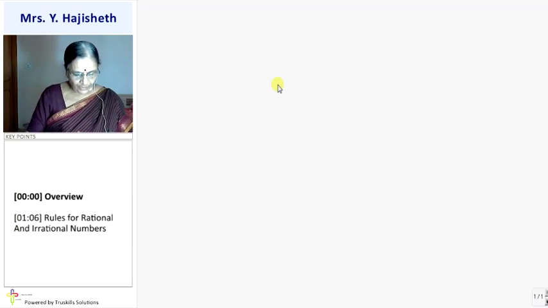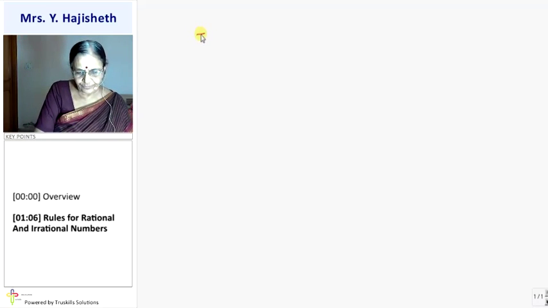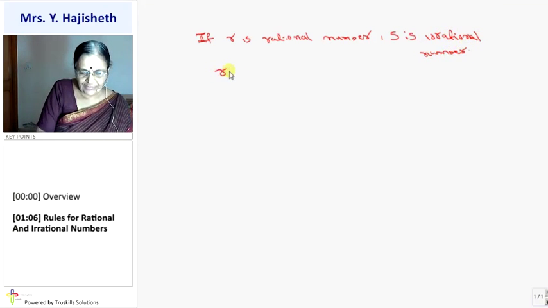Now, there are 2-3 rules. If R is a rational number and S is an irrational number, what can you say about R plus S?